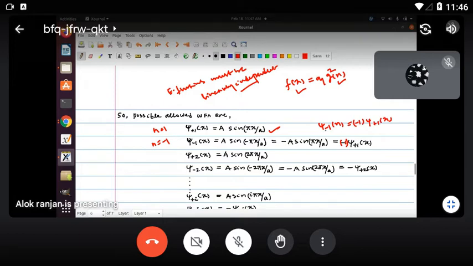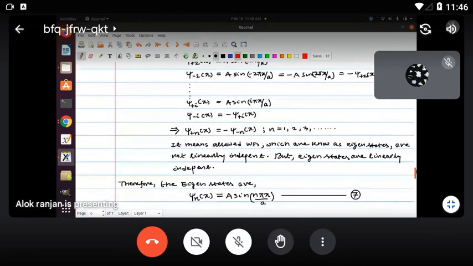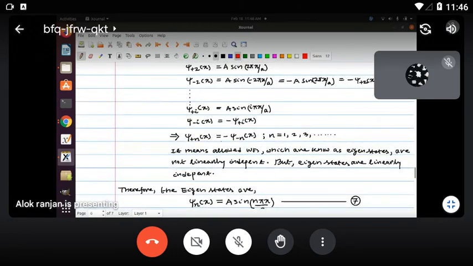So the quantum index n equal to minus 1 and n equal to plus 1, their corresponding eigenstates are linearly dependent. But as I said, one of the properties of the eigenfunction is that they must be linearly independent. So one can choose either the positive side of the integer or the negative side of the integer, but you cannot consider both. In general, psi_minus n(x) equals minus 1 times psi_plus n(x), where n equals 1, 2, 3.